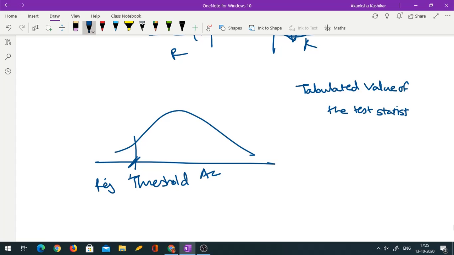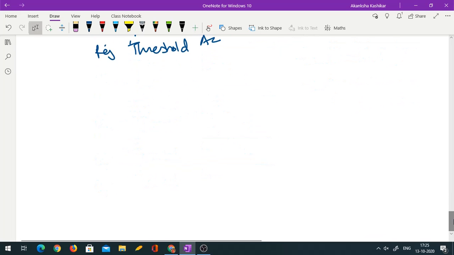So how do we decide this tabulated value of the test statistic? For that, we need to introduce two new concepts in testing of hypothesis, called type 1 error and type 2 error.